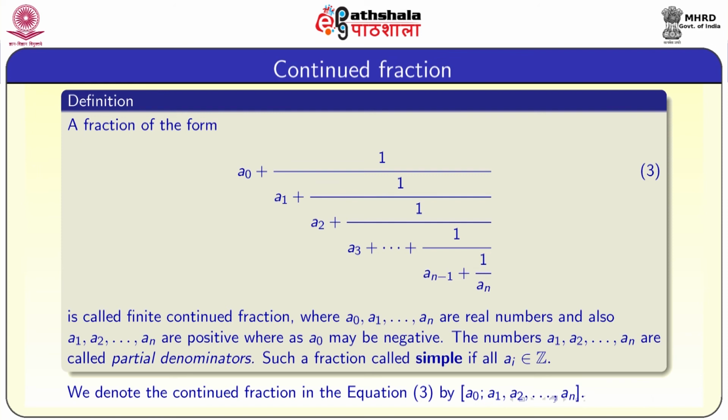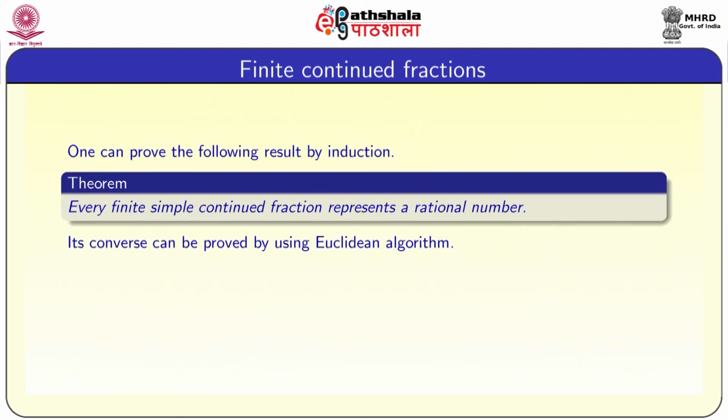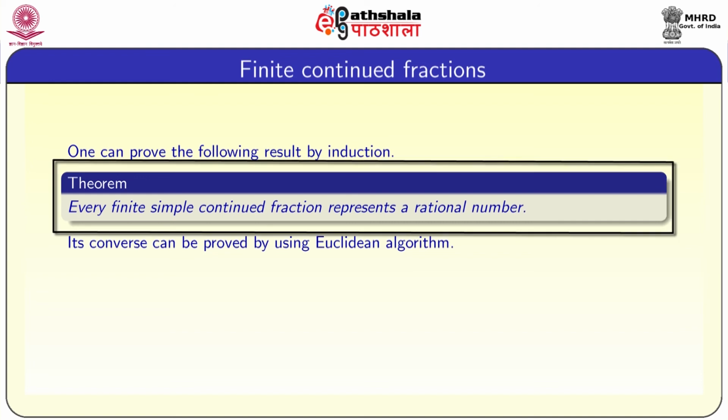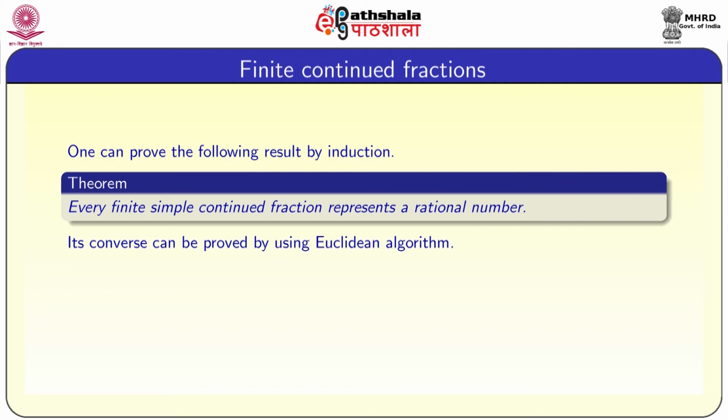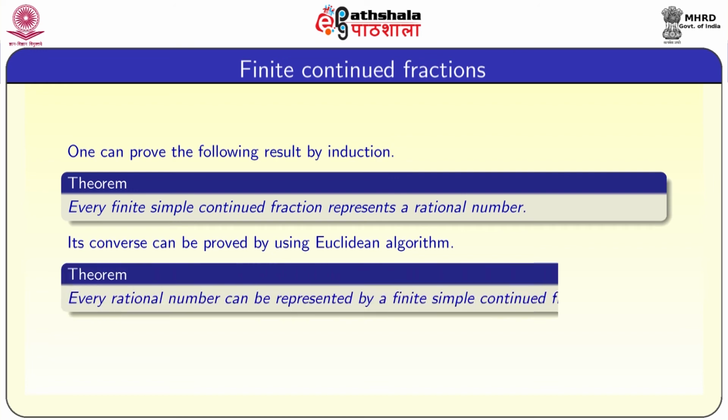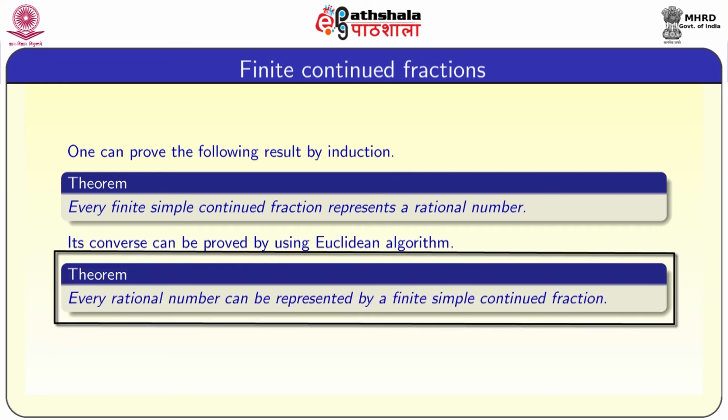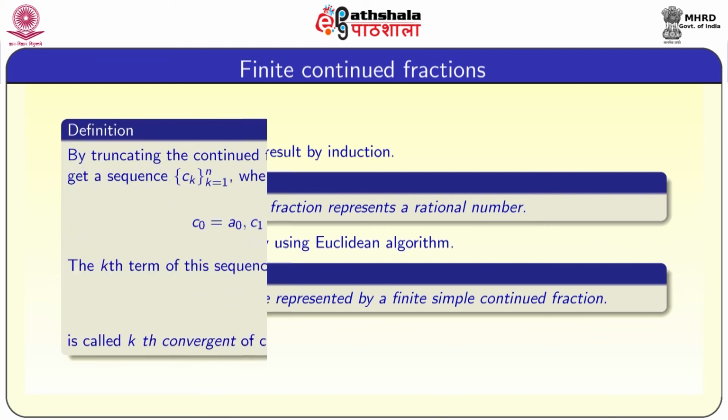If the continued fraction is infinite, then we use a comma followed by dots. A few results on finite continued fractions: one can prove easily by induction that every finite simple continued fraction represents a rational number. The converse can also be proved by using the Euclidean algorithm: every rational number can be represented by a finite simple continued fraction.